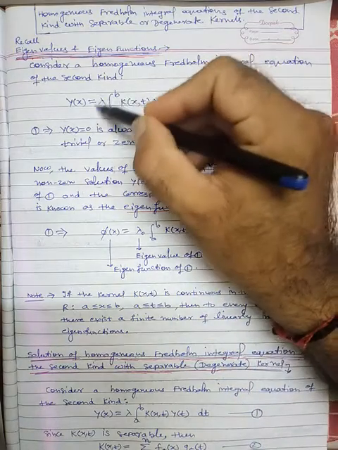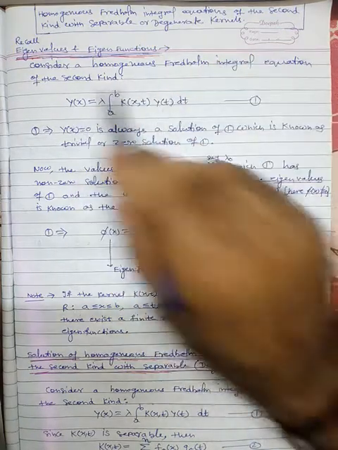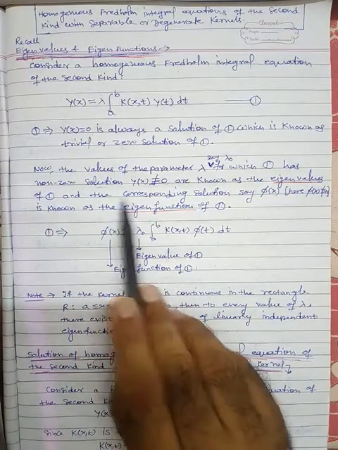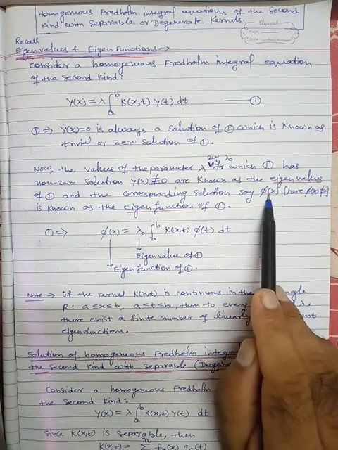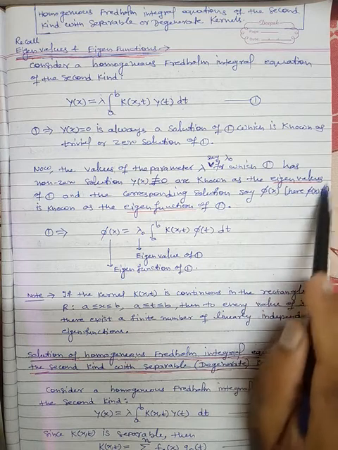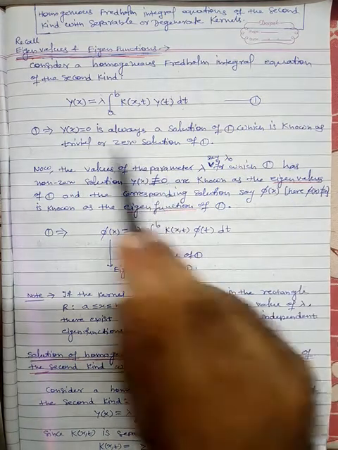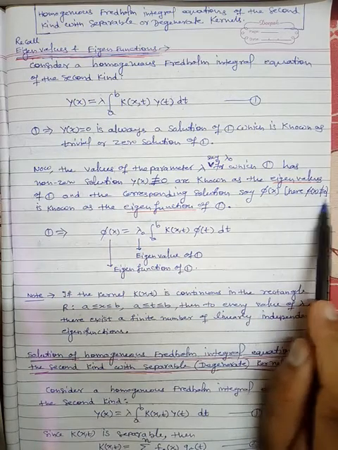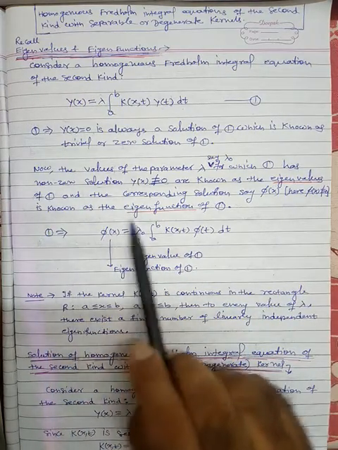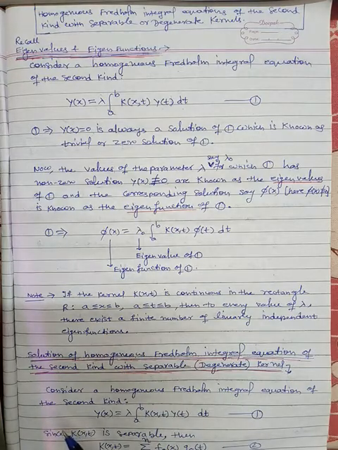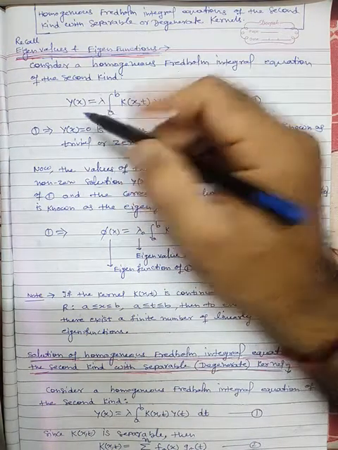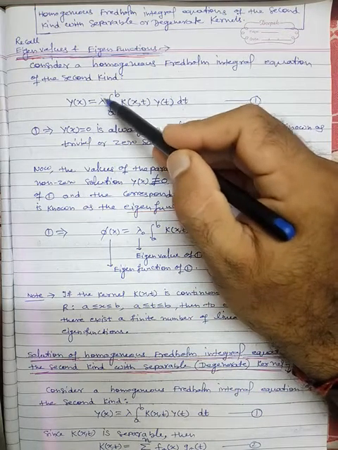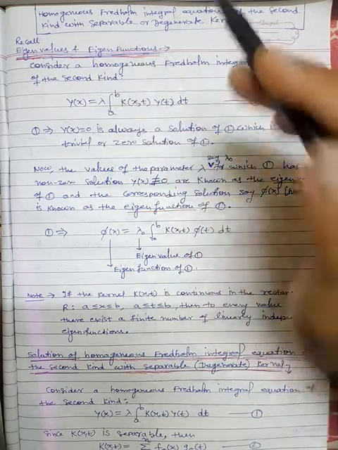The corresponding solution, say phi(x), where obviously phi(x) is non-zero, is known as an eigenfunction of 1. So the non-zero solution is known as the eigenfunction, and the value for which that solution occurs is known as the eigenvalue.